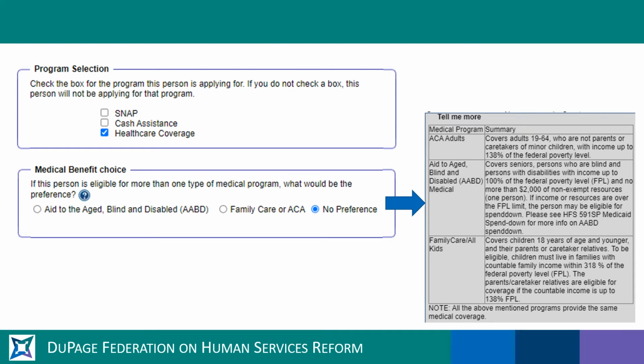You can see a further explanation about who these programs cover on the right, which is really the screenshot of the window that pops up when you put your cursor over the question mark on this part of the application.